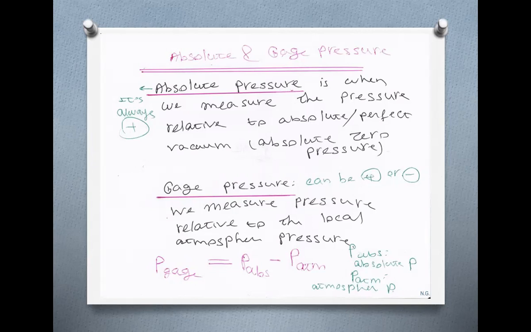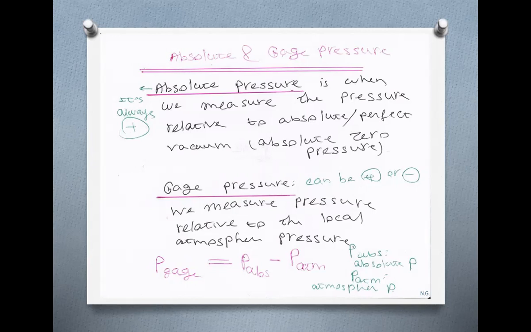If the pressure of the fluid is above the pressure of the atmosphere, that's positive. If it is below, then it is negative. So gauge pressure can be positive or negative. It depends on whether the pressure of the fluid is above or below the pressure of the atmosphere.